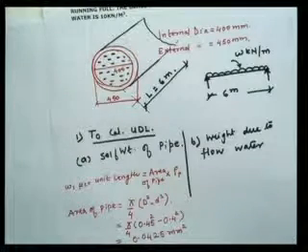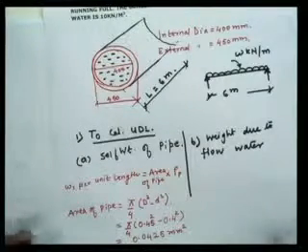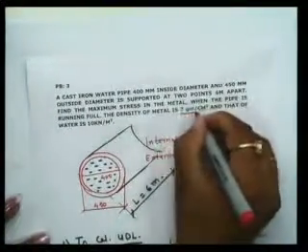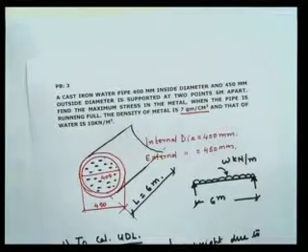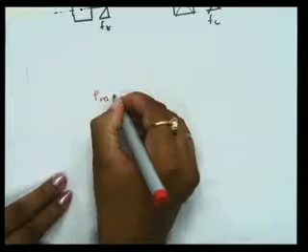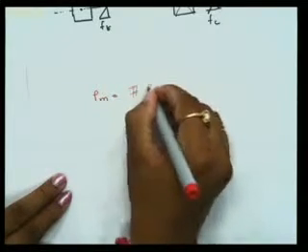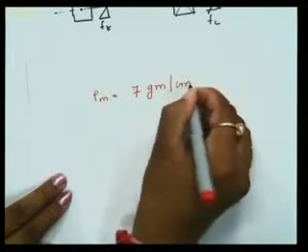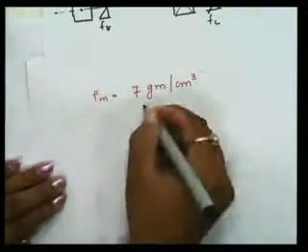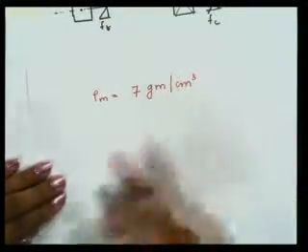Now important part is density of the metal. If we see what they have given, the density of the metal is 7 grams per centimeter cube, right? And I want it in terms of kilonewton per meter cube. So density of metal they have given us as 7 grams per centimeter cube. Maximum mistake the students make is in conversion, right? So I'll show you the conversion. First is I want to convert the gram in terms of kilonewtons.